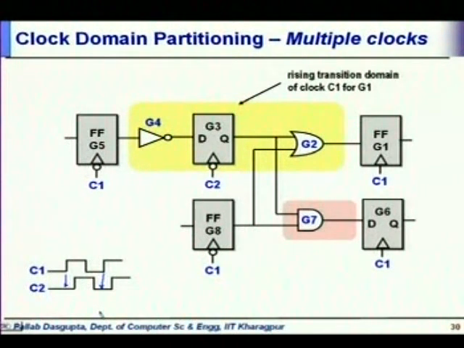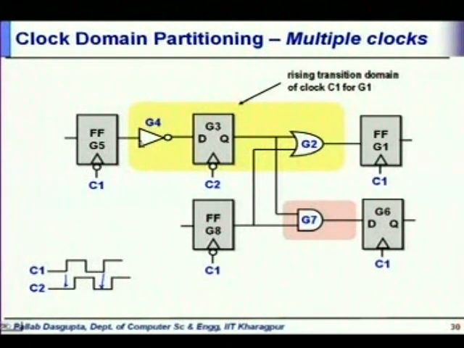If C2 is 0, then this enable is enabled, because C2 is 0 and this is passing through this not. So this latch is enabled. When the latch is enabled, any change in the inputs is going to ripple through, because the enable is high. So this latch is transparent at this point of time, right. So we need to look also at G4.